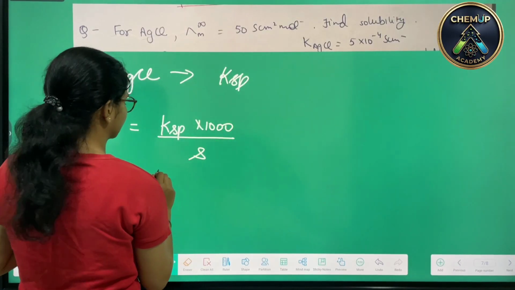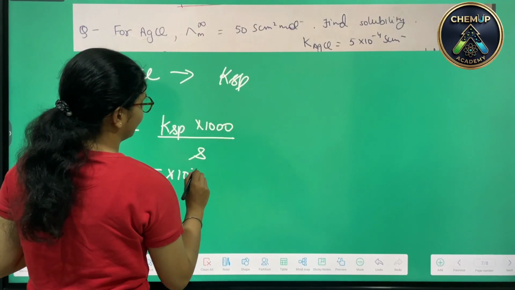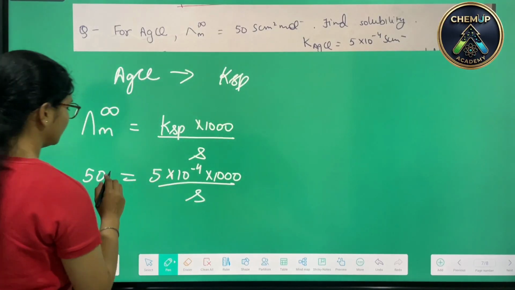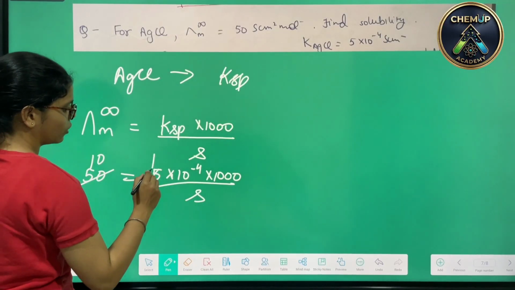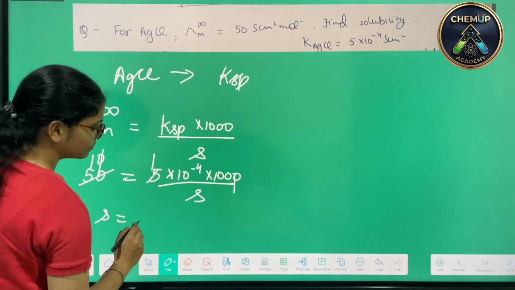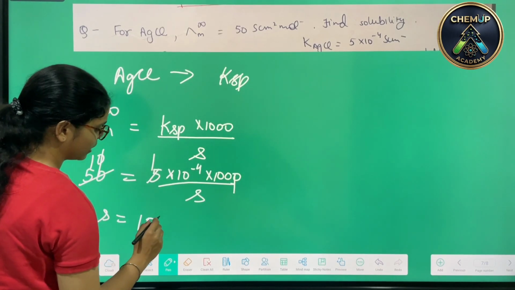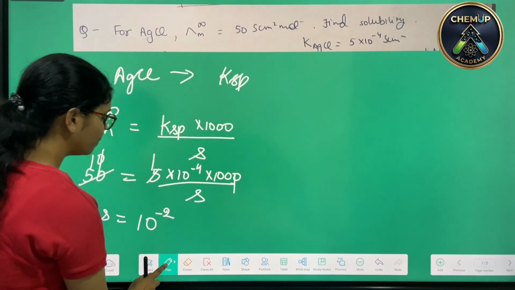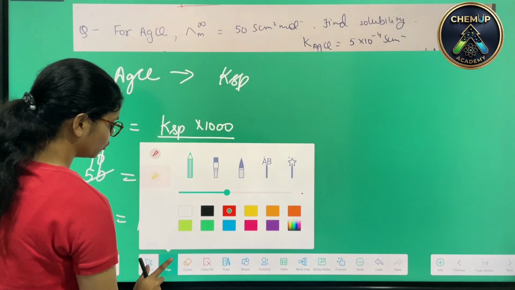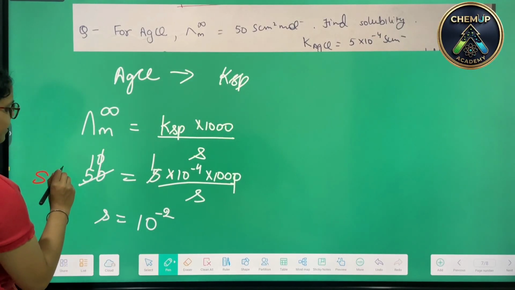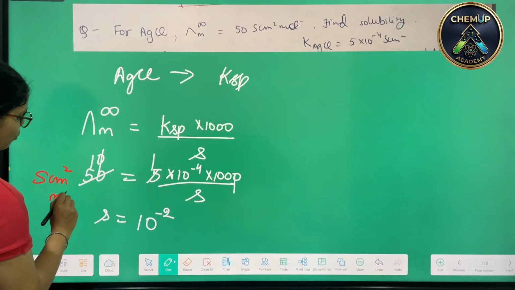KSP for AgCl is given, that is 5 into 10 to the power minus 4, into 1000 upon S. From here this 10 goes, and S becomes your 10 to the power minus 2. This is how you can calculate the solubility. Also, in order to know what the units are, we can place the units like S centimeter square mole inverse.